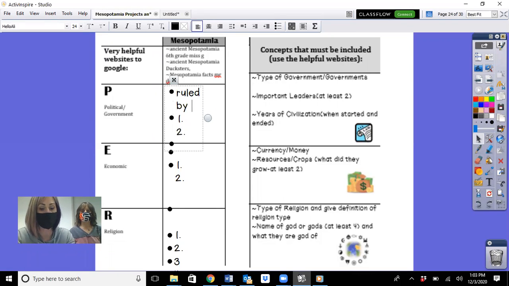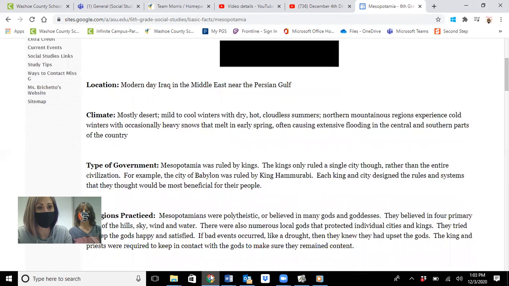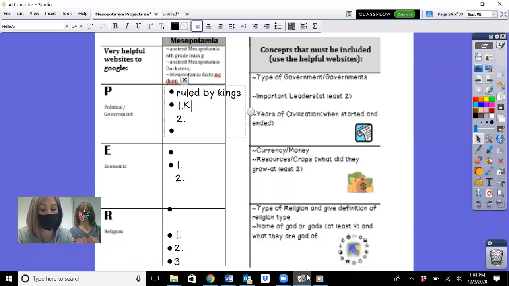And then the next step is important leaders. There's one on that page, King Hammurabi. And you could also get one of the important leaders from the Who's Who you did.